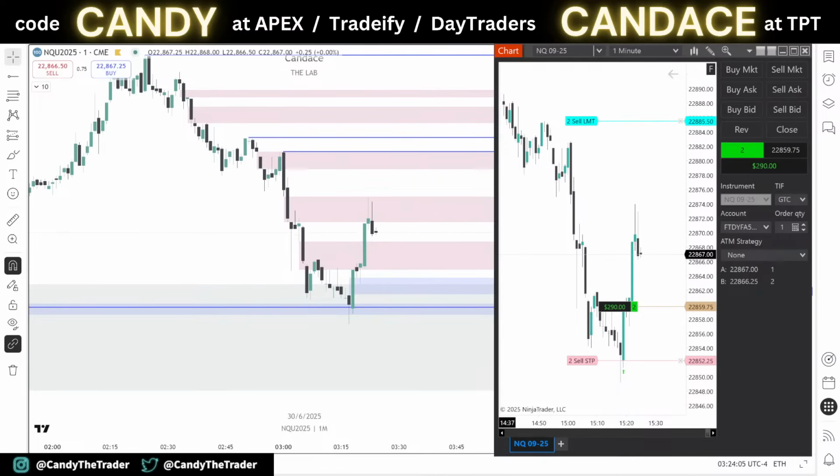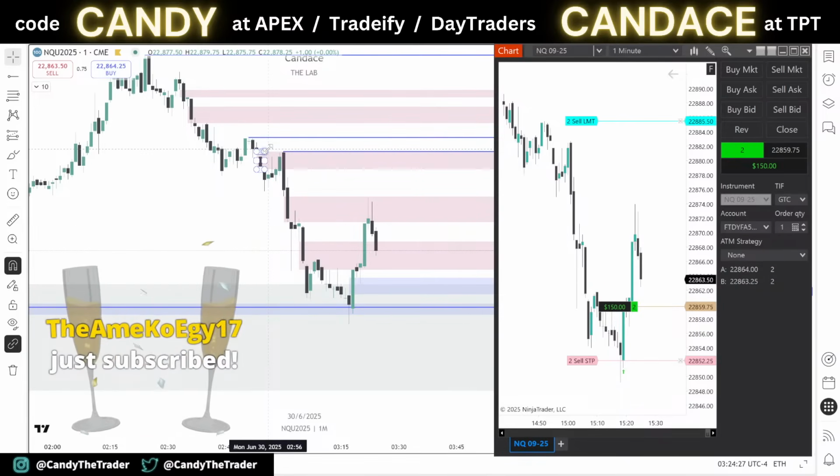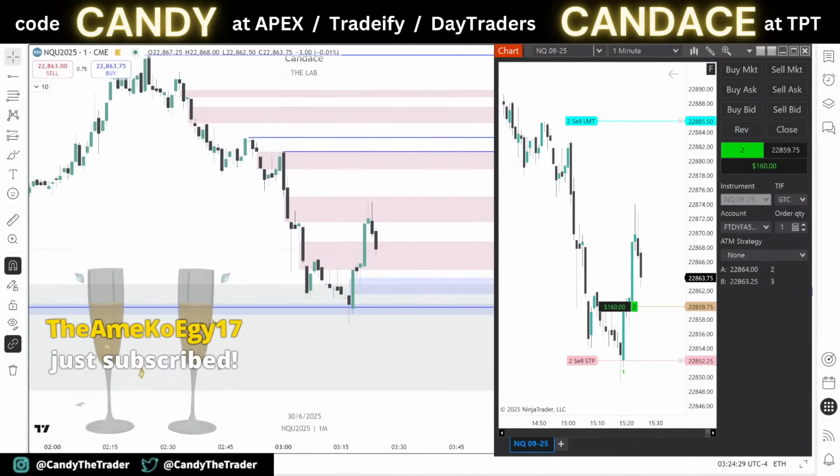Okay, price retracing back to the 1 minute BC. You want me to set the profit at the top? Well, I can do that, but I think this is price retracing.